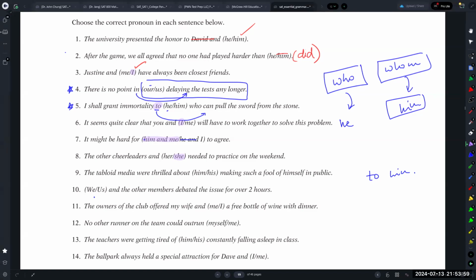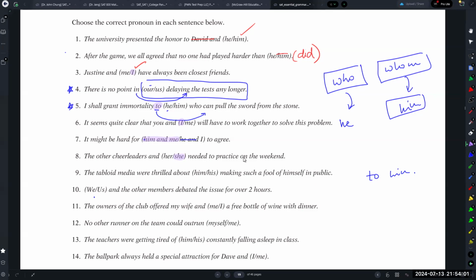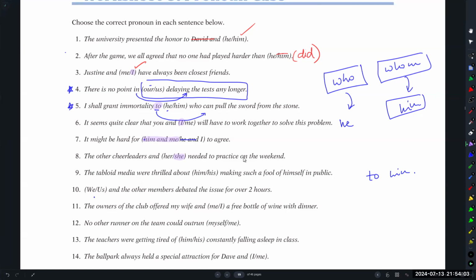Okay, Shabano, Khatija, Murtaza. They're thrilled about this entire thing, his or him.